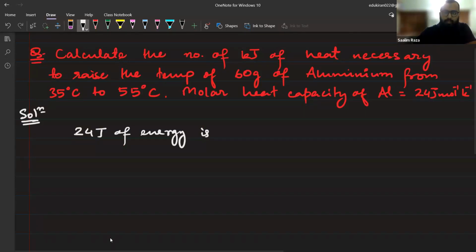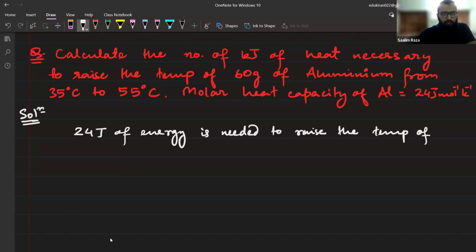24 joules of energy is required, is needed to raise the temperature of 1 mole by 1 Kelvin.